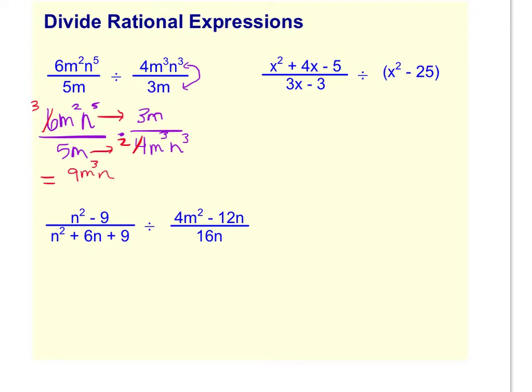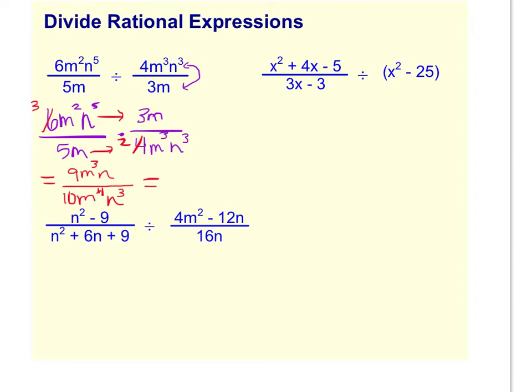And then your n over 5 times 2 is 10. M times m to the third is m to the fourth. It's a 4. N cubed. Alright, so because we have m's in two places and n's in two places, we can keep going with this example. First look at the 9 over the 10.